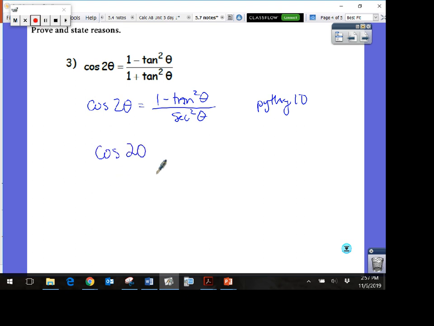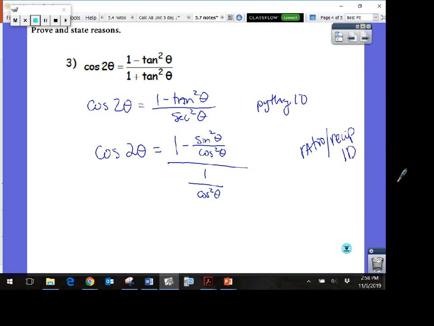Cosine 2 theta equals 1 minus sine squared theta over cosine squared theta over 1 over cosine squared theta. And right there I use my ratio and reciprocal ID. I use them both.